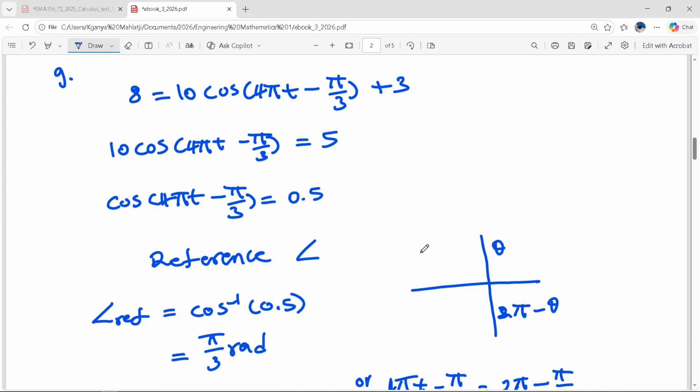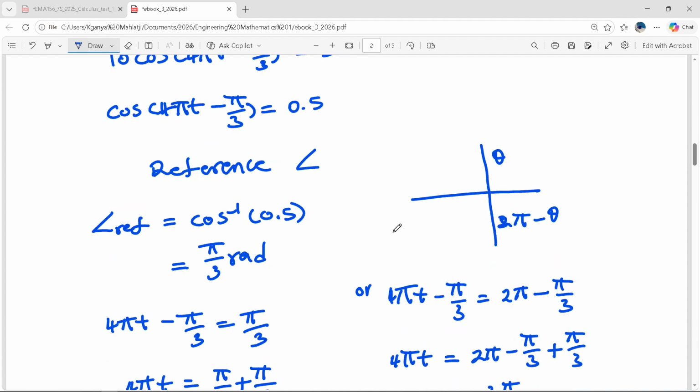I think we have to punch this on a calculator to double check: cos of 4 pi multiplied by 1 over 2 minus pi over 3 should give us half. Yes, it gives us half.